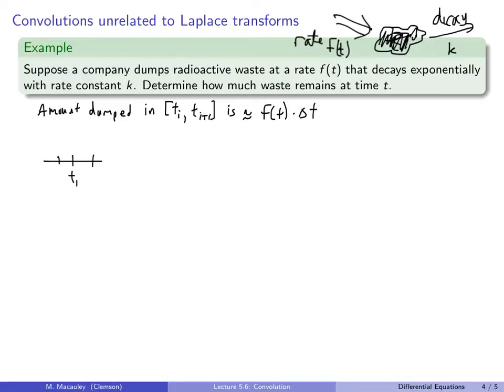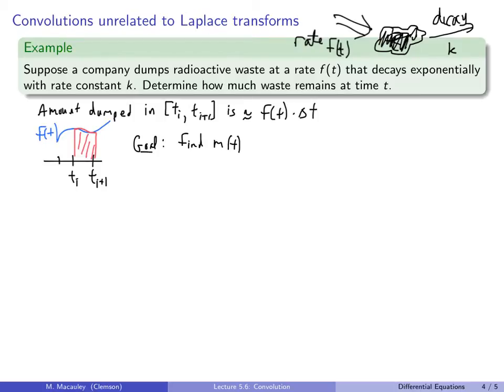If this is like t_i and this is t_{i+1}, and this is your f of t, then the actual amount dumped in this interval is obviously going to be the area under the curve, but it's approximately equal to the height times the width of this box, assuming that this is small. Okay, so we're going to use this shortly. So our goal, of course, is to find m of t, which is the mass of the waste pile.